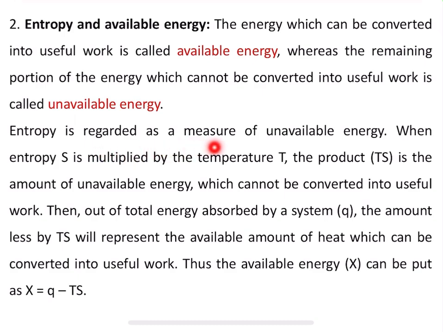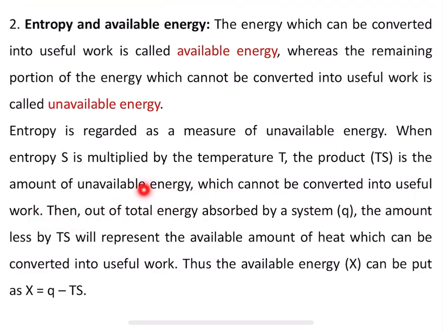Entropy is regarded as a measure of unavailable energy. When entropy S is multiplied by the temperature T, the product TS is the amount of unavailable energy which cannot be converted into useful work.